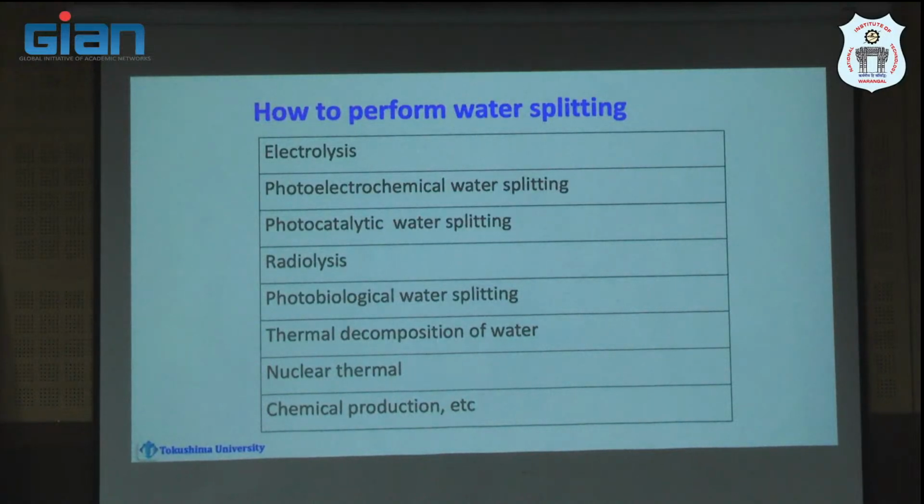To break down water into hydrogen and oxygen, there are various processes and methods. Electrolysis, photolysis, photoelectrochemical water splitting, photocatalytic water splitting, radiolysis, photobiological water splitting, thermal decomposition, nuclear thermochemical production.